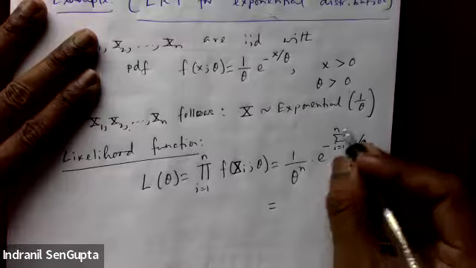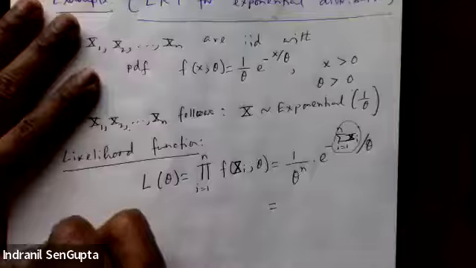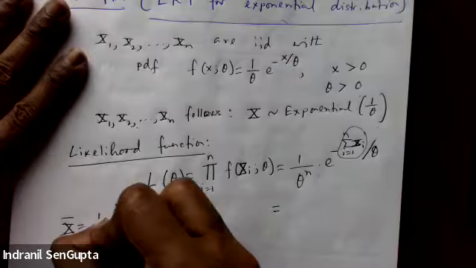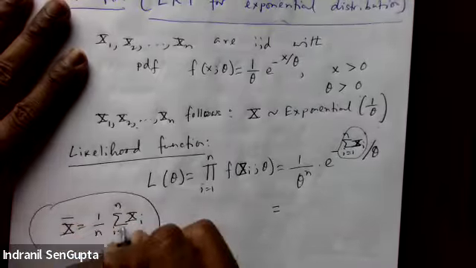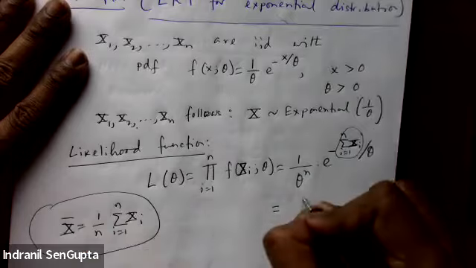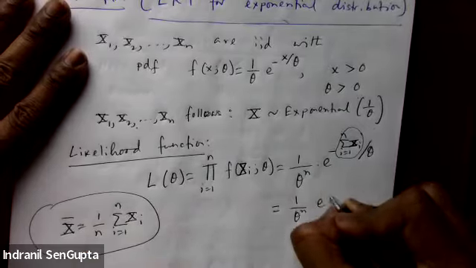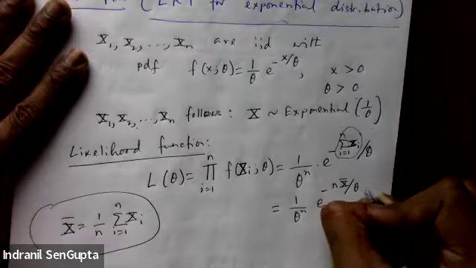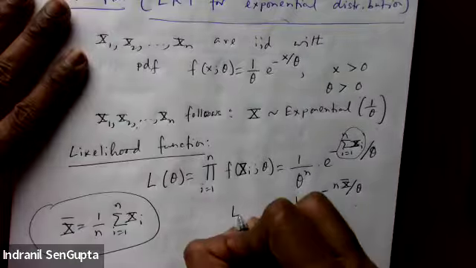Remember that X bar is 1 over n summation i from 1 to n of xi, so the likelihood is 1 over theta to the n, e to the minus n x bar over theta. So that's the likelihood function.